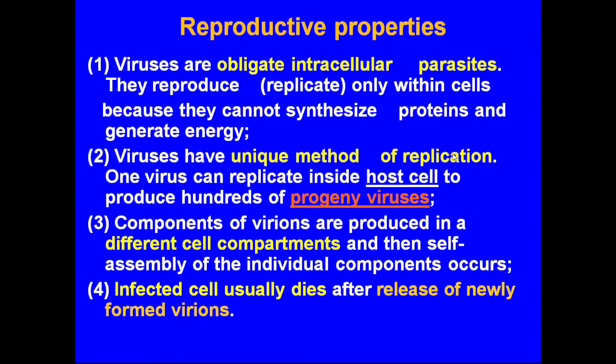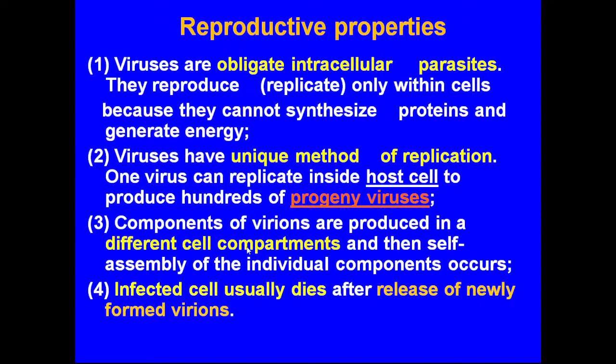So 100,000, even more identical replicas. And these replicas will be released from the host cell, and they will be progeny viruses. So one virus may, inside the cell, replicate into hundreds of progeny viruses.